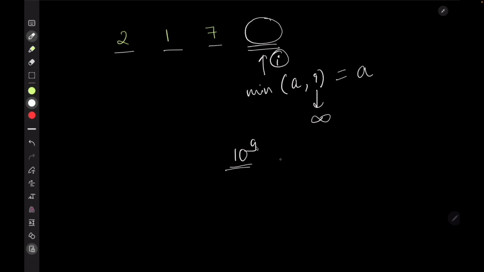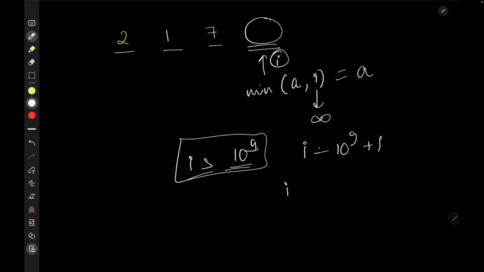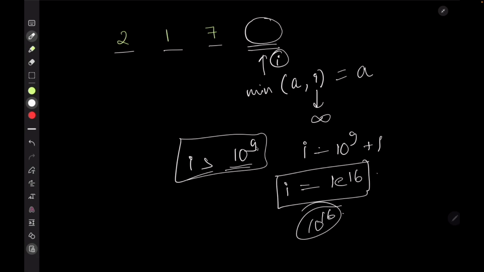So we can assign I any number which is greater than 1e9. I can be 1e9 plus 1, 10 raised to power 11, and for simplicity's sake I'll assign I as 1e16, that is 10 raised to power 16. Now we have infinity here.